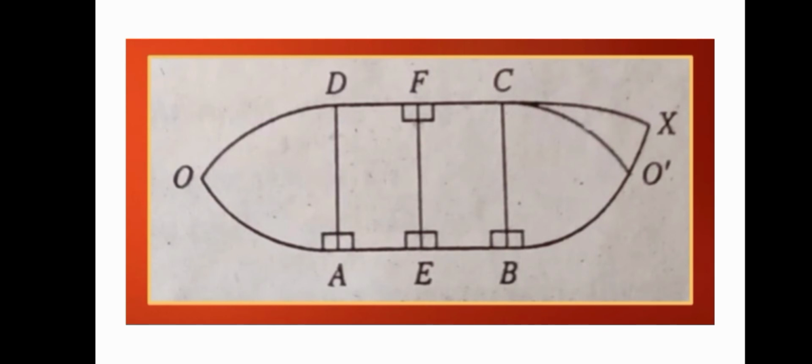In this figure, let ABCD be a Saccheri quadrilateral with O and O' as the poles of the line segment EF. In Theorem 3.7.1, we proved that line EF is perpendicular to both the summit and base of the Saccheri quadrilateral.